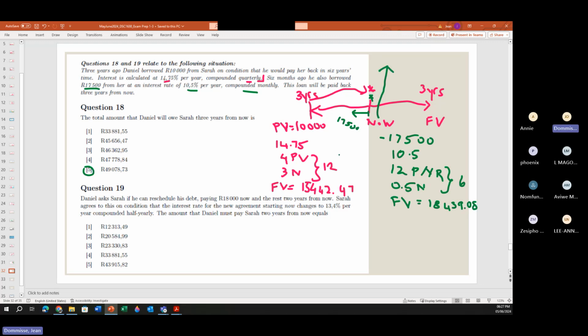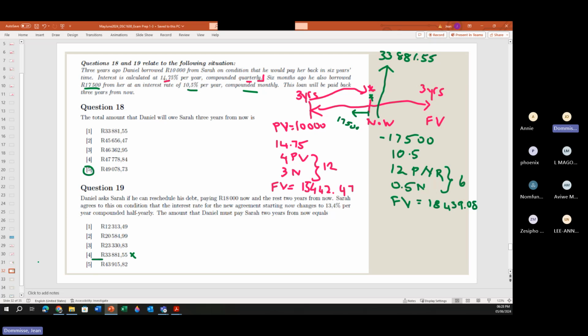So that is 18,439.08 plus 15,442.47, which is 33,881.55. And there is the answer for that.